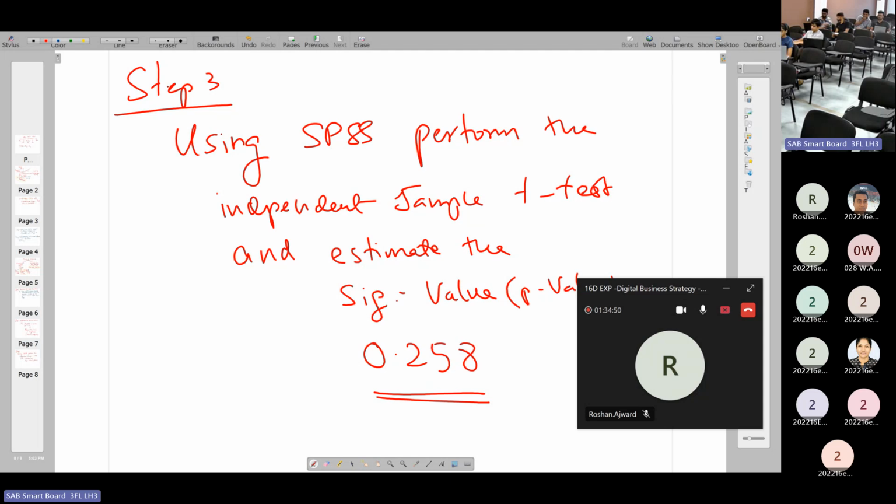Now the question is, I would ask a very simple question from my good accounting student. 0.258, is it below 0.05 or above 0.05? Well above 0.05. Now let's go to our steps. What was our decision criteria?